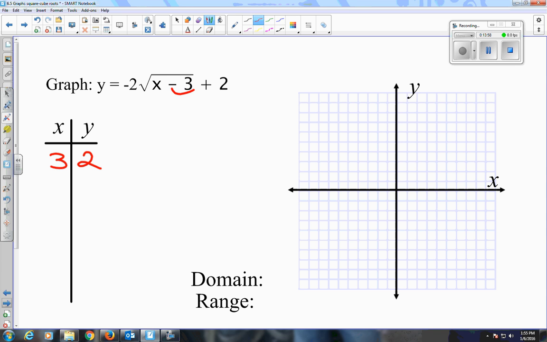We need to choose an x value that makes everything under here equal to 1, because 1's a perfect square. So what would x be? 4? 4 minus 3 is 1? Okay, so let's pick 4, because then I get negative 2, square root of 4 minus 3, plus 2 is negative 2, square root of 1, plus 2, 0.